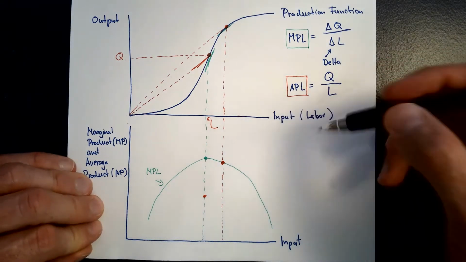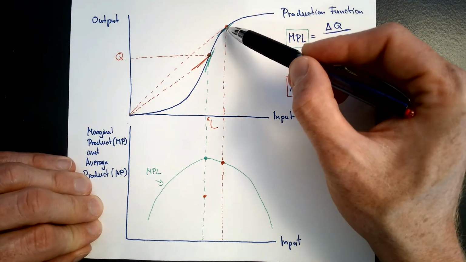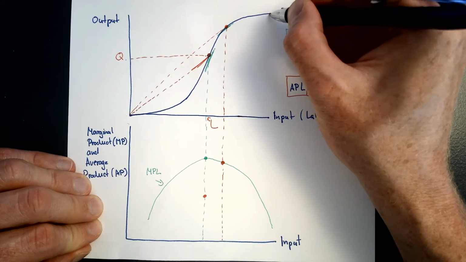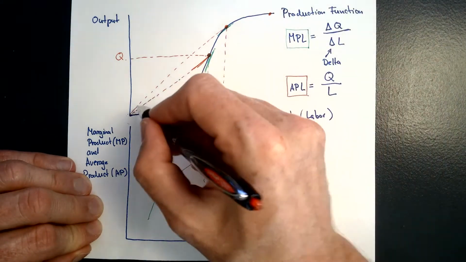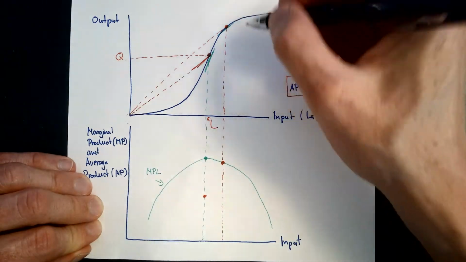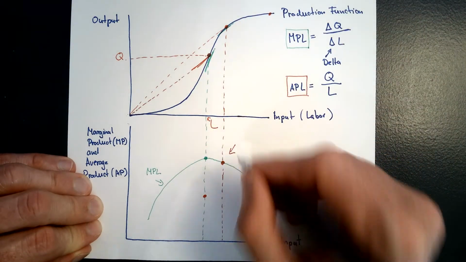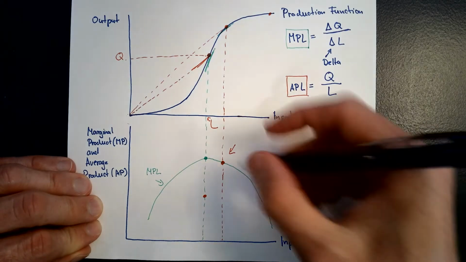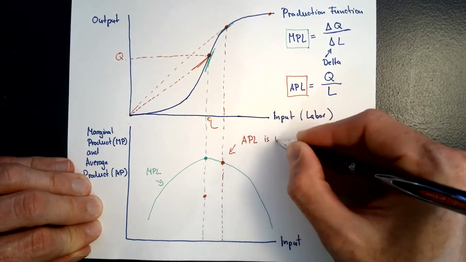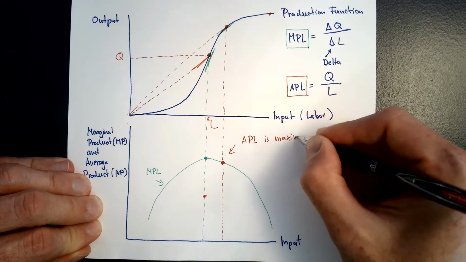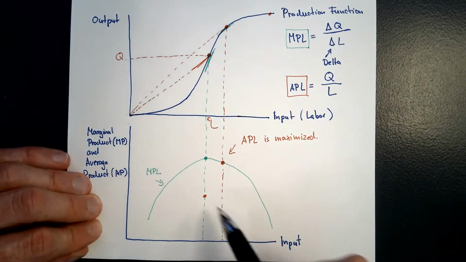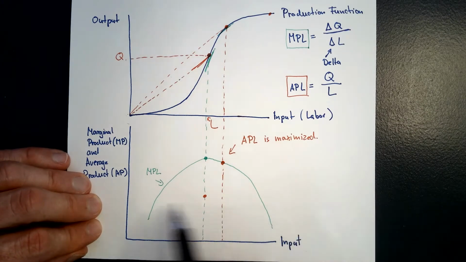Now what you will see is that there is no other point on this production function which you can connect to the origin and that gives you a steeper slope. What this means is at this point here, the average product of labor is maximized. So APL is maximized. Okay, and it is lower at any other point.